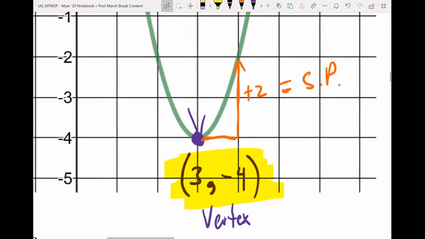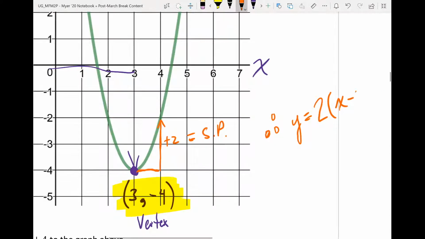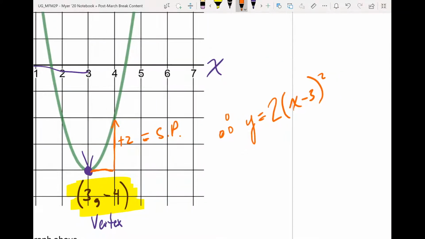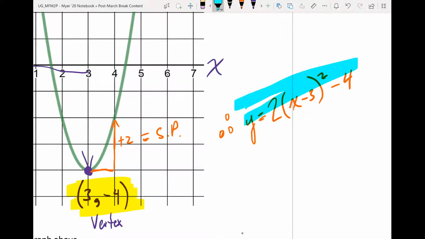The x value is positive 3, so the x value we'd put in is (x minus 3), the opposite, squared, and then the y value would just stay the same, minus 4. And there's our answer.